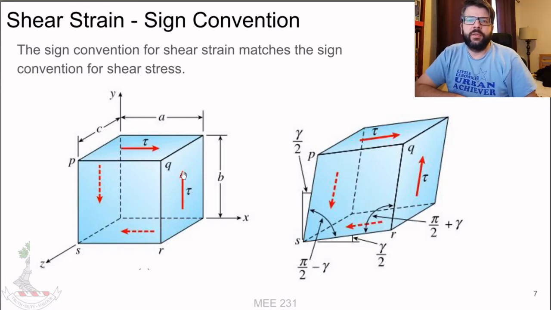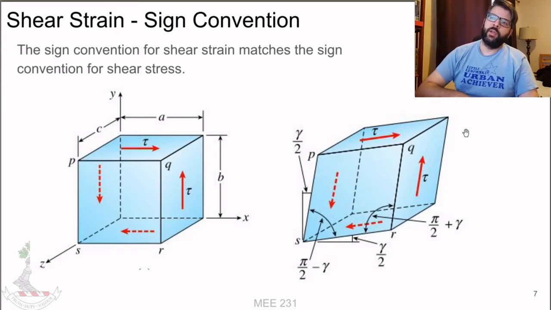So essentially, if we apply a positive shear on the X face, if we apply a shear acting in the Y direction on the front X face, that's going to be a positive shear, and that's going to cause it to deform like this.